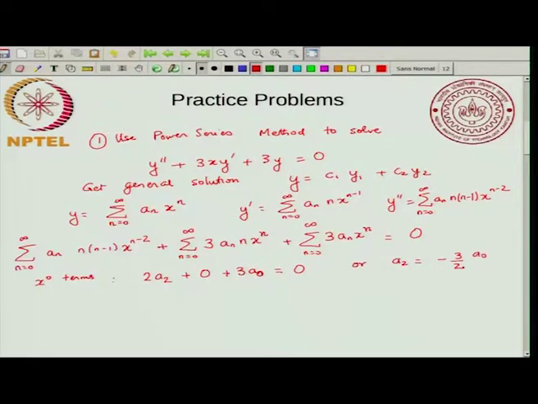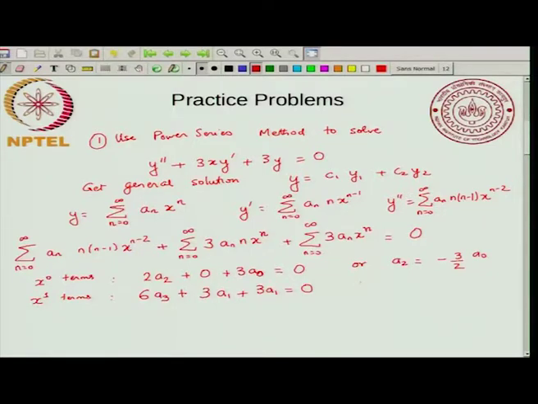Okay. Let us do x raised to 1 terms. If you have x raised to 1, then n has to be 3. So 3 into 2 is 6, so you get 6a3 plus, now in this case you will get x raised to 1, so you get plus 3 into 1, so 3a1, equal to 0.